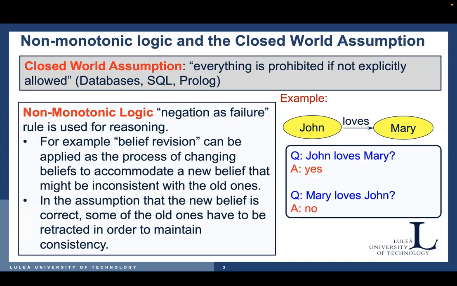So the first case is also known as a closed world assumption. The kind of motto or very rough definition of this closed world assumption is everything is prohibited if not explicitly allowed.